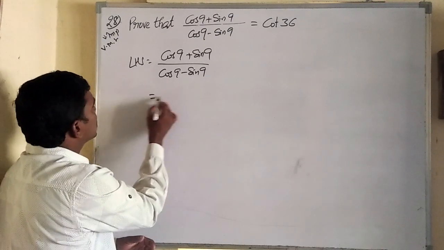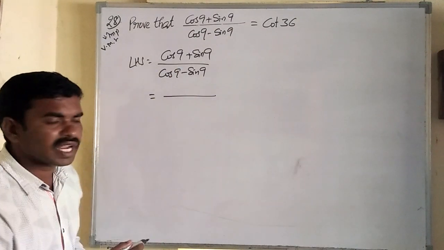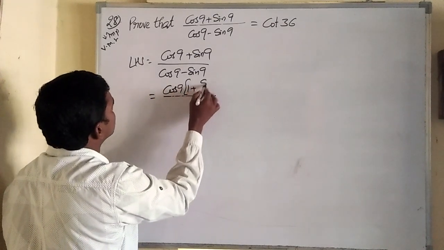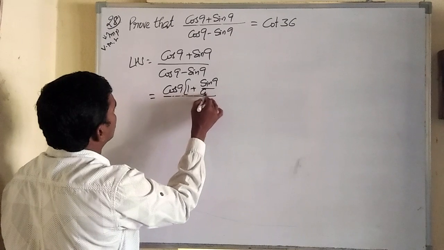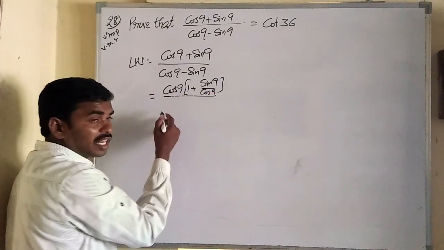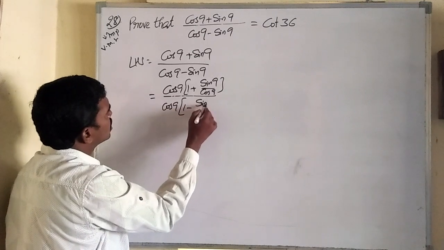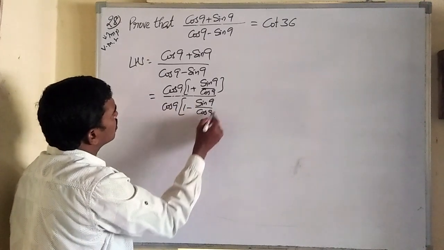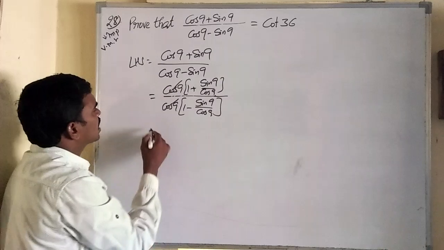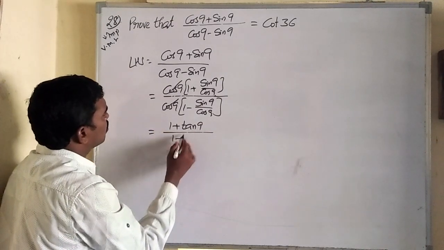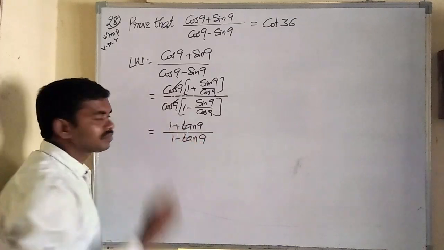Okay. What is the next step? Immediately we should take cos 9 as common. So take out cos 9 common, then remaining is 1 plus sin 9 by cos 9. And then in the denominator also, take out cos 9 common, then remaining is 1 minus sin 9 by cos 9. So cos 9 cancels, we get (1 plus tan 9) by (1 minus tan 9).